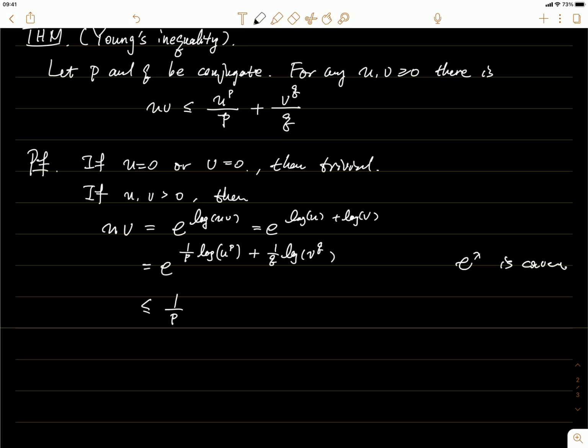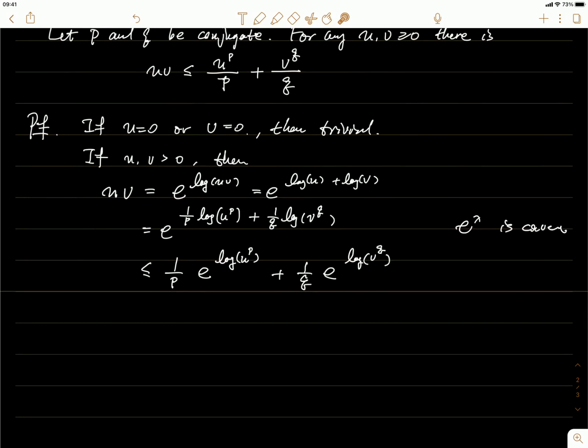So it's less than or equal to 1 over p times e to the power log of u to the p, this whole thing is like the x. Okay, so I'll have that plus 1 over q times e to the power log of v to the power q. And this is because that looks like just y here.